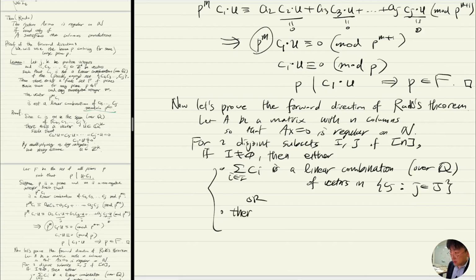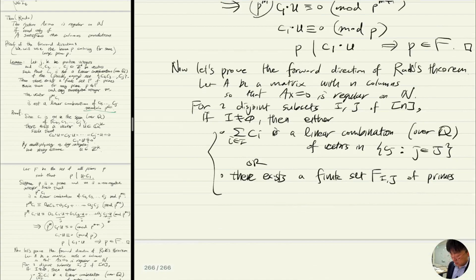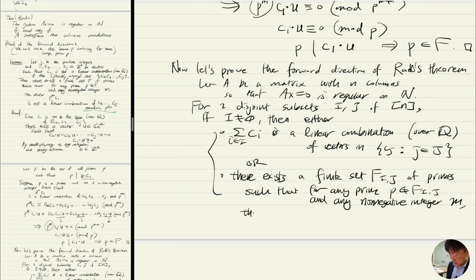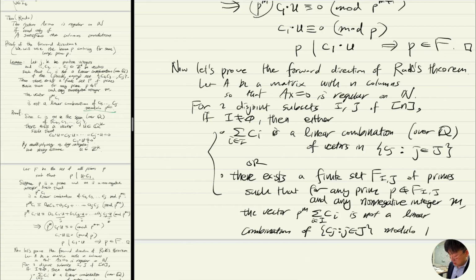So there exists a finite set F_IJ of primes such that for any prime p not in F_IJ and any non-negative integer m, the vector p to the m times the sum of the Ci is not a linear combination of vectors in J modulo p to the m plus 1.